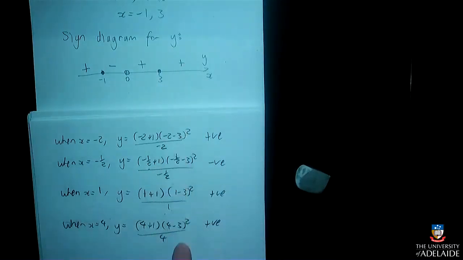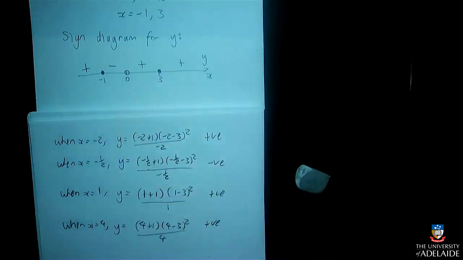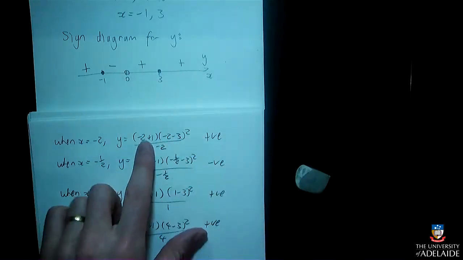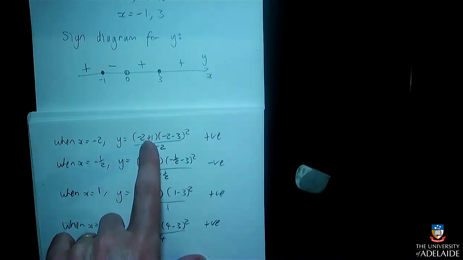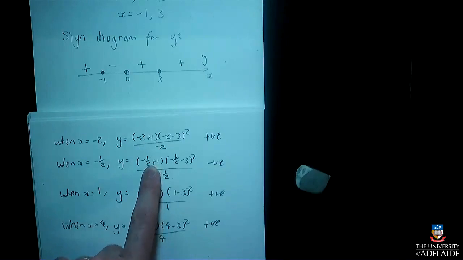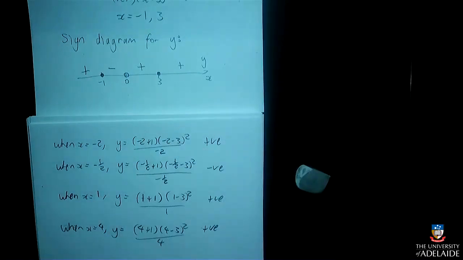The squared keeps things positive when I switch over from being below 3 to above 3. Here, this number switched over to being positive when I went from below -1 to above -1. And that would have happened here as well. It would have been negative when I was below 3, but I squared it, so it didn't matter.